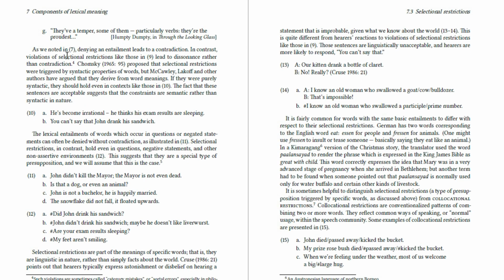Therefore, as we noted in 7, denying entailment leads to contradiction. And we say Chomsky proposed that selectional restrictions were triggered by syntactic properties of words, but Macaulay, Lakoff, and other authors have argued that they derive from word meanings. And here you can check out the entailment, denying entailment, and the restrictions by other authors.